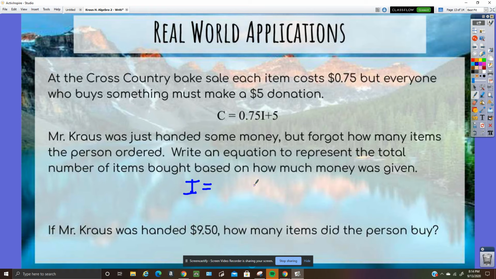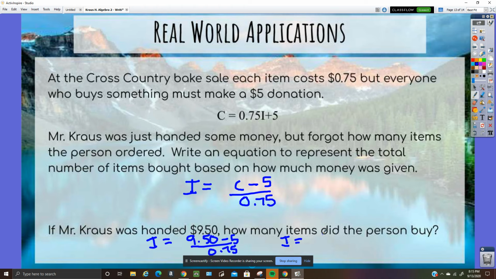I is going to be the cost minus 5 divided by 75 cents per item. And so if Mr. Krause was given $9.50, how many items did the person buy? So it's going to be $9.50 minus 5 divided by 75 cents.